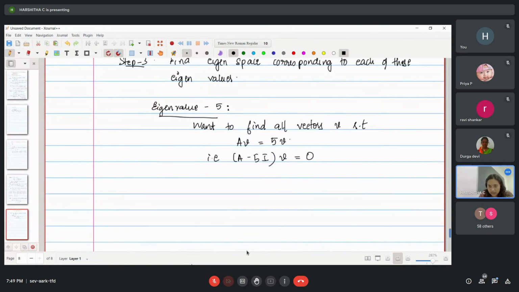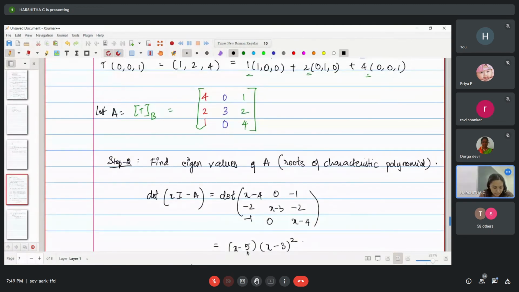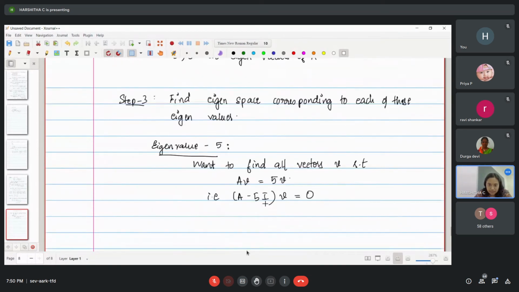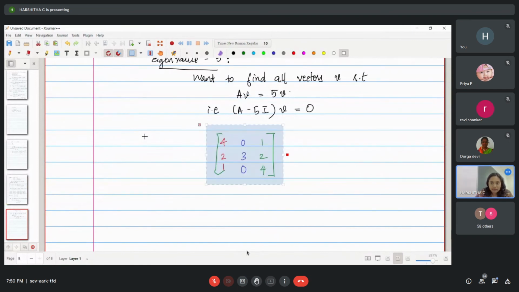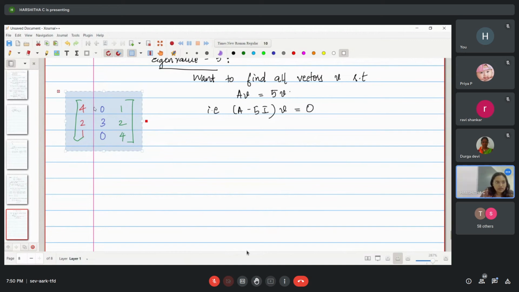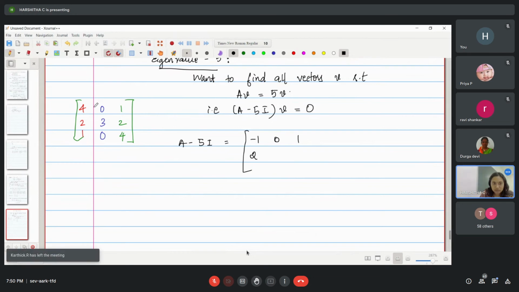So what is our A? A minus 5 times identity would be minus 1, 0, 1, 2, 3 minus 5 which is minus 2.